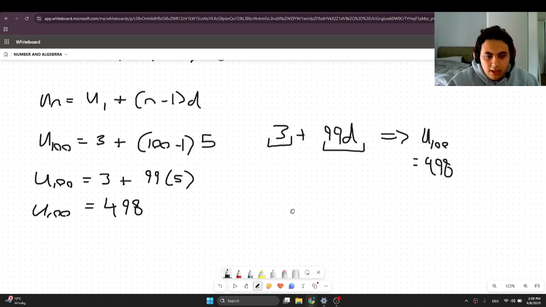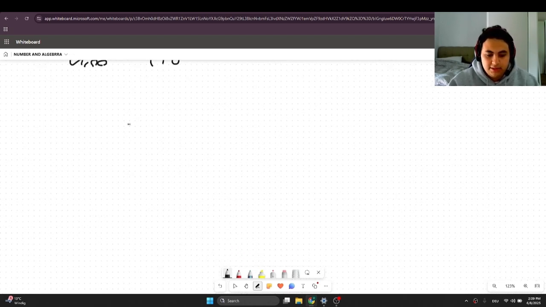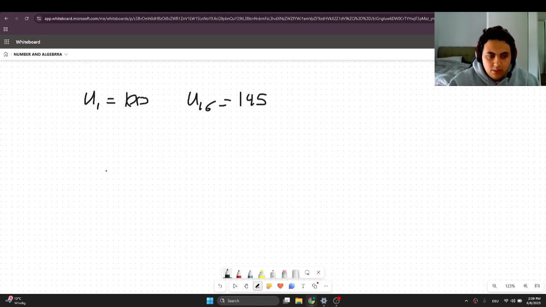Now, let's take a question where we are not given the common difference. Let's say u1 is equal to 100, and we have that u16 is equal to 145. What are we going to do in this case? Well, let's build our formula: un is equal to u1 plus n minus 1 times d.